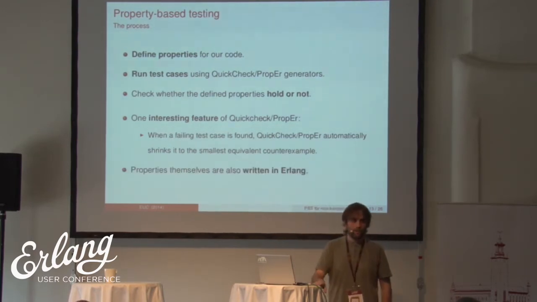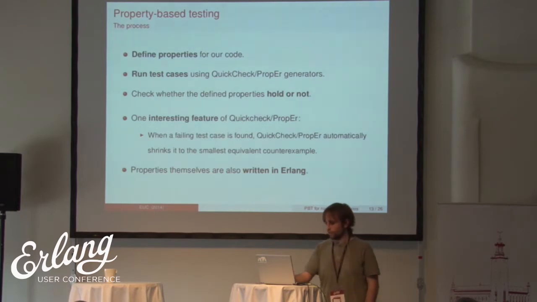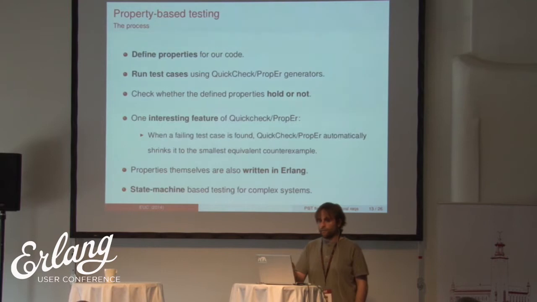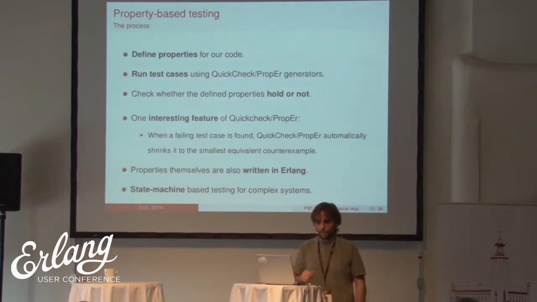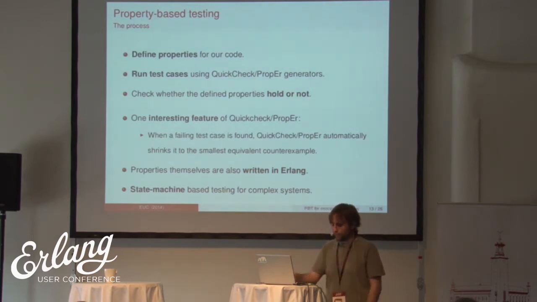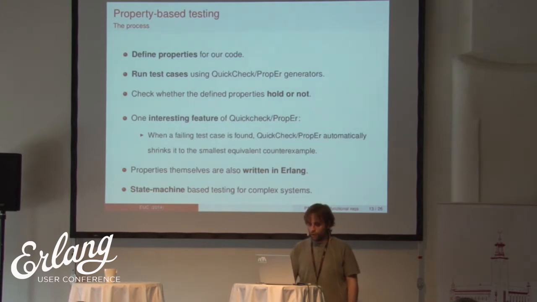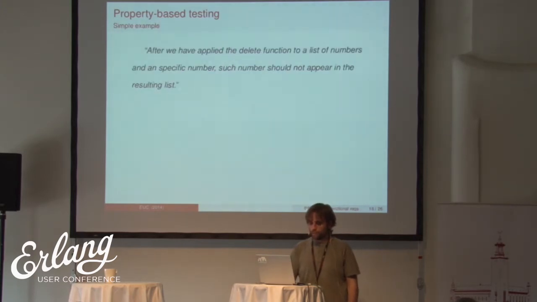The properties themselves are written in Erlang, so we don't need to learn any new language. And there are libraries to test a sequence of operations, as we saw in the previous talk with the process registry, and to implement a state machine to check this kind of systems.